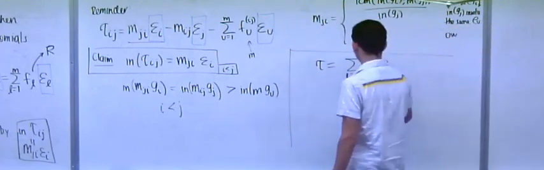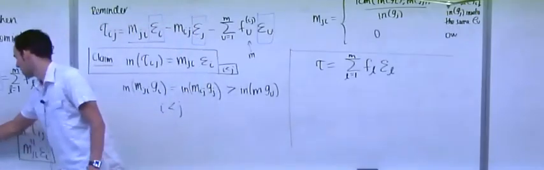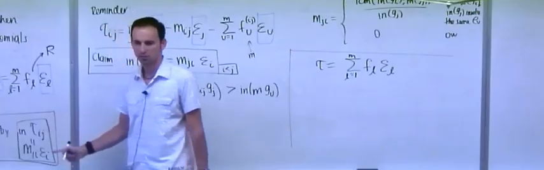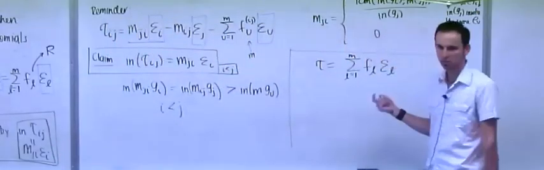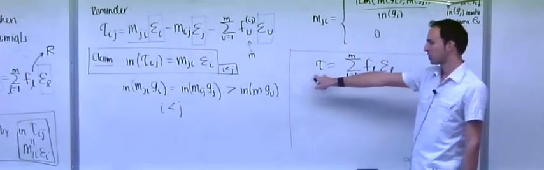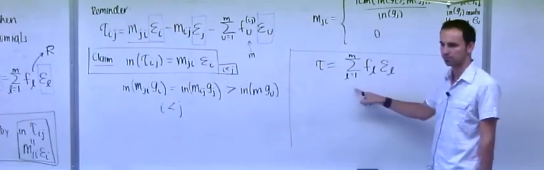Now, the statement that I'm after is that I need the initial term of tau to be generated by these guys. Okay, but I don't know what the initial term of tau is, and so I want to give it a name. So the initial term of tau is going to be just the biggest possible thing that we see here. Okay?